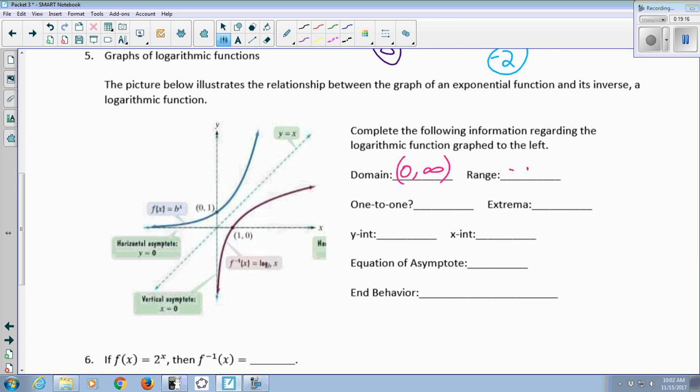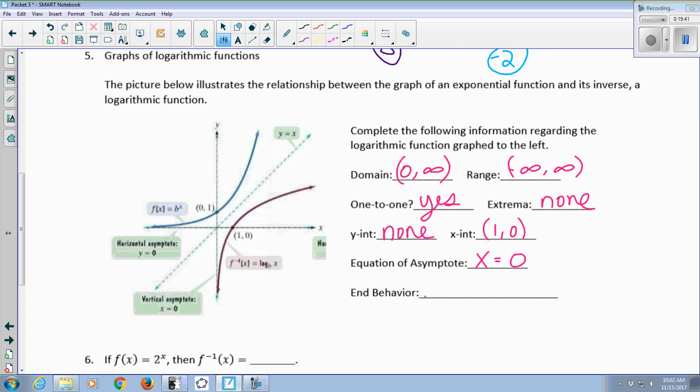Its range is -infinity to infinity. Is it 1 to 1? Yes. Does it have any extrema? No. Y-intercept? None. It never touches the y-axis. It's an asymptote. X-intercept, we have one at (1, 0). It's got an asymptote on the y-axis, which is the equation x equals 0.